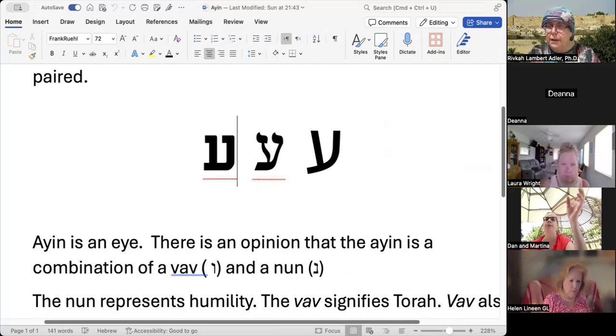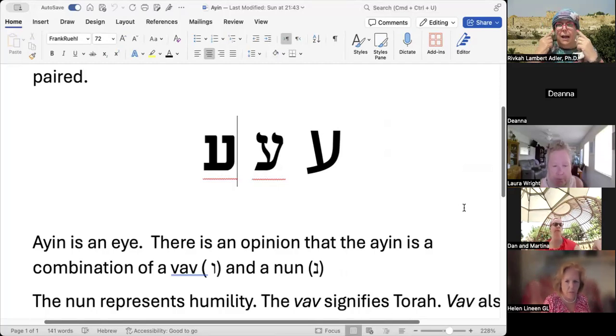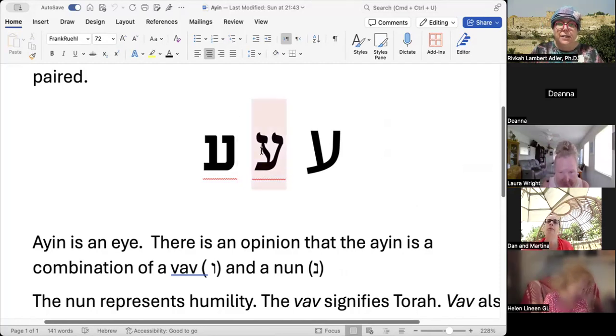All right. Anyway, the word ayin in Hebrew literally means an eye. And if you look closely at the way that the letter is constructed, I think it's clearest in this one, there's an opinion that this letter is made up of two other Hebrew letters that we've already studied. One is a vav, which would be sort of this piece right here.